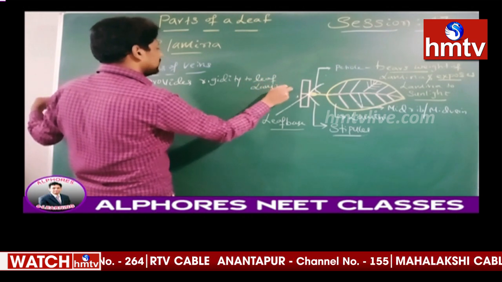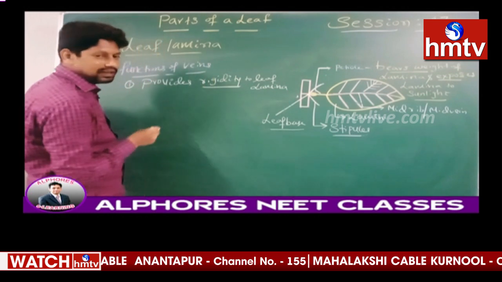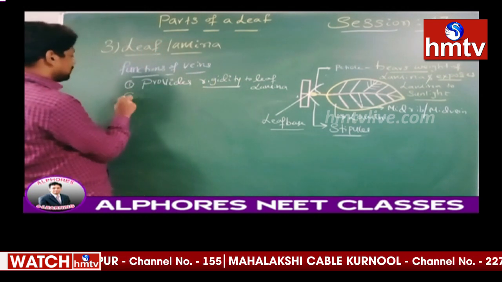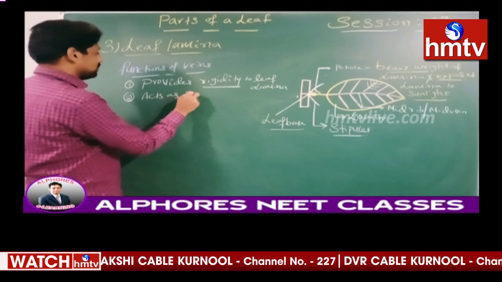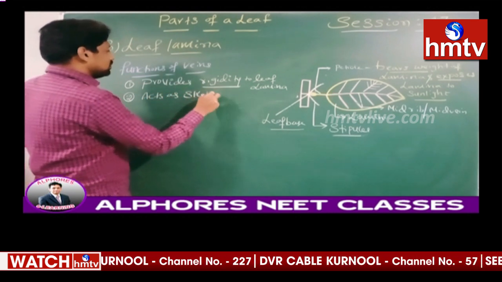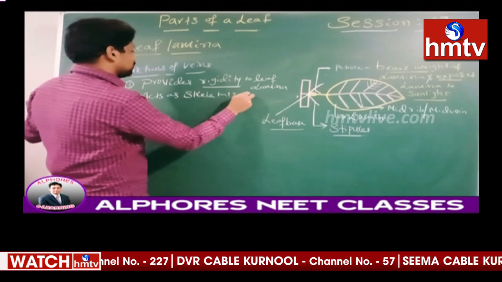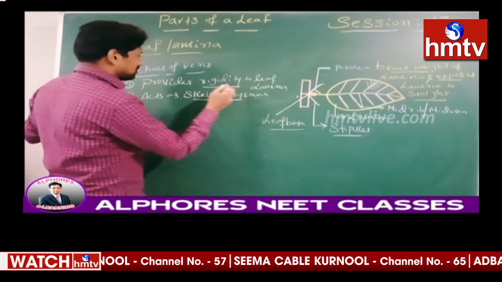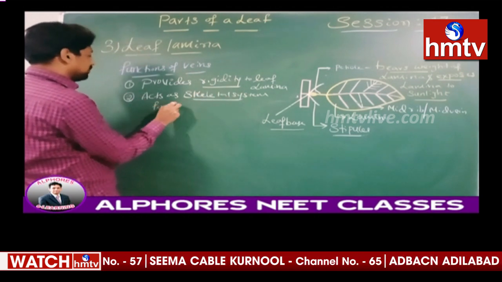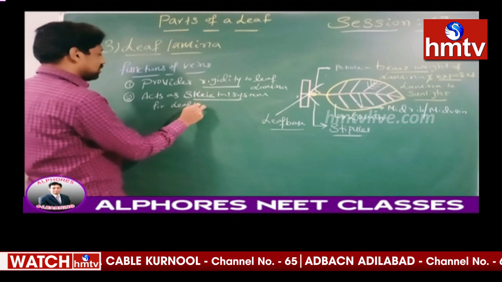Who is providing rigidity to the leaf lamina? Veins. Number two, veins act as a skeletal system for the leaf lamina.